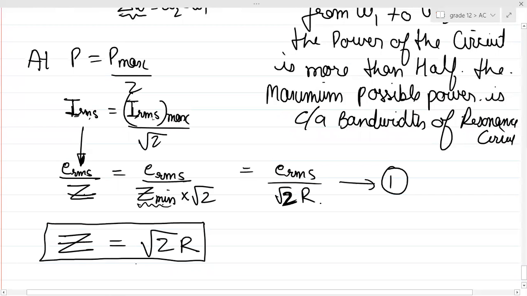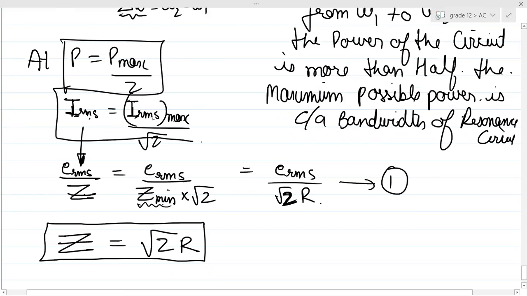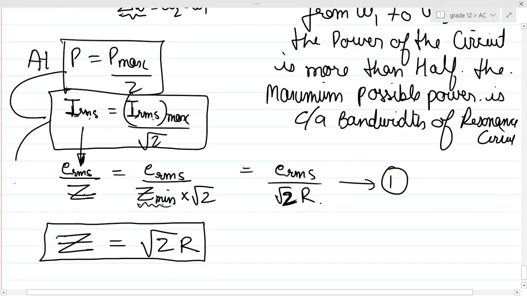If I can say this particular thing, then this is true, and if these are true, then this is also true. So did you understand from here to here, and then we came over here? Did you understand this much guys? Yeah.